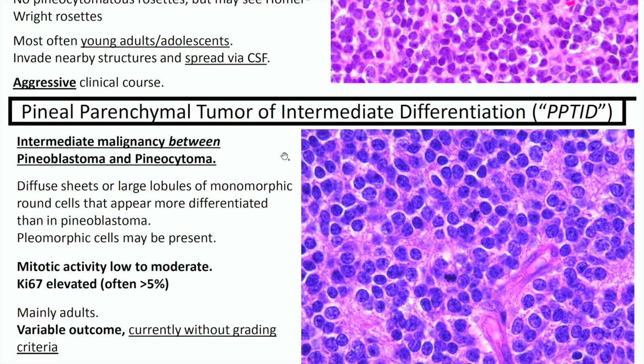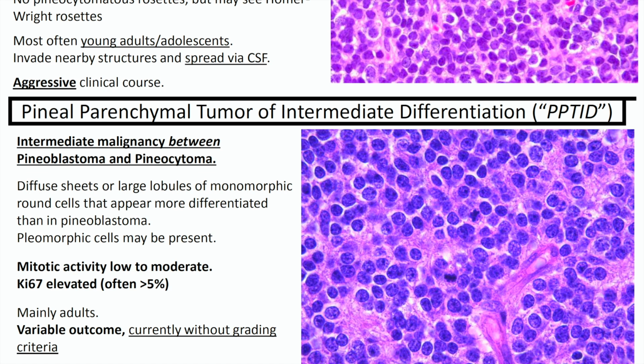Next up, we've got pineal parenchymal tumor of intermediate differentiation, or PPTID. So this is an intermediate malignancy between a pineoblastoma and a pineocytoma. You're going to have diffuse sheets of large lobules of monomorphic round cells that appear more differentiated than in a pineoblastoma, with pleomorphic cells maybe present.